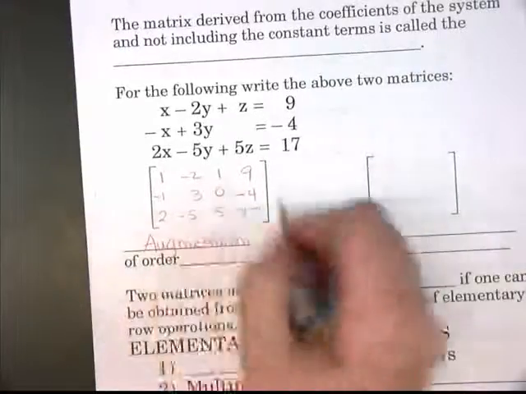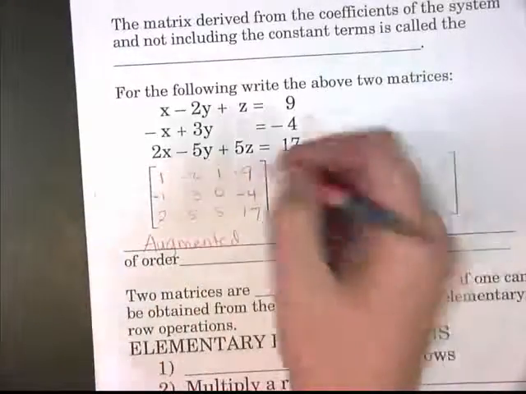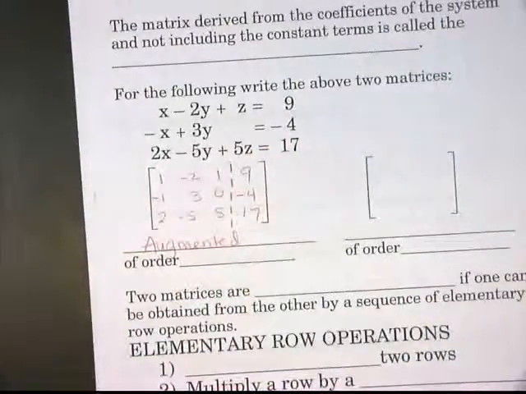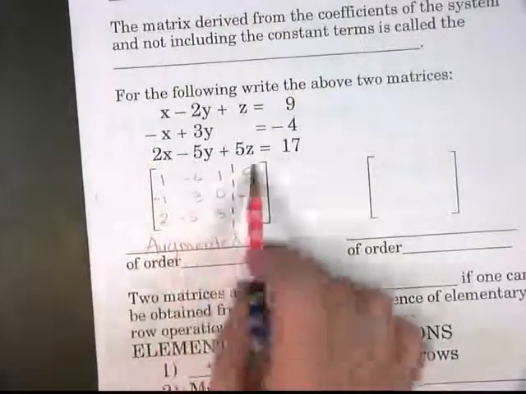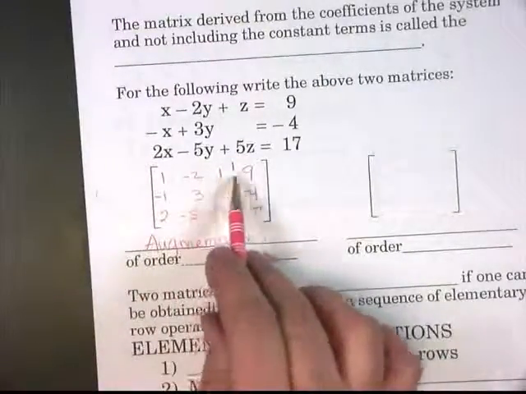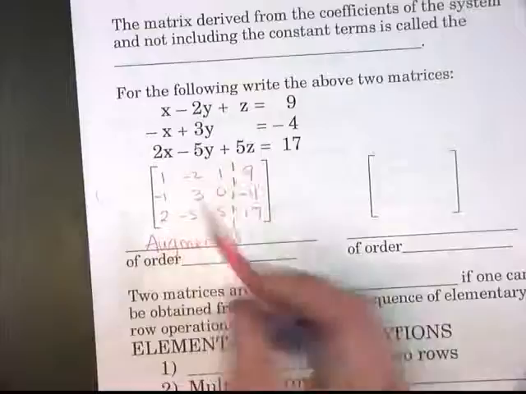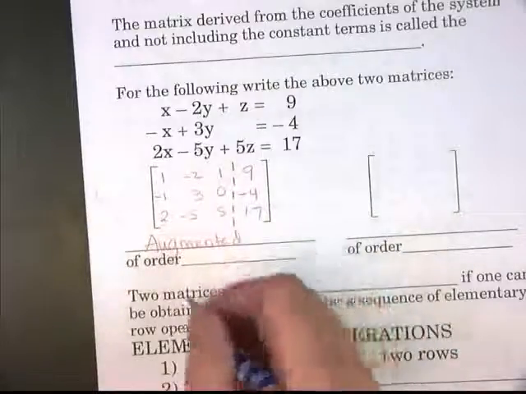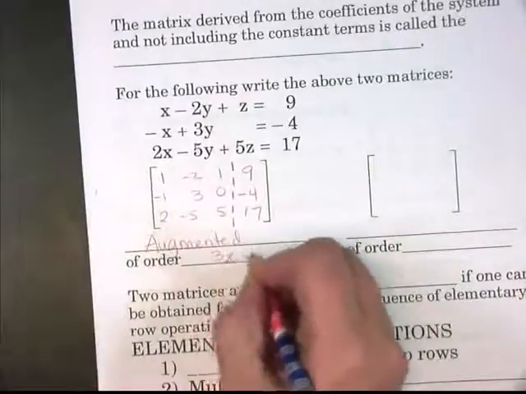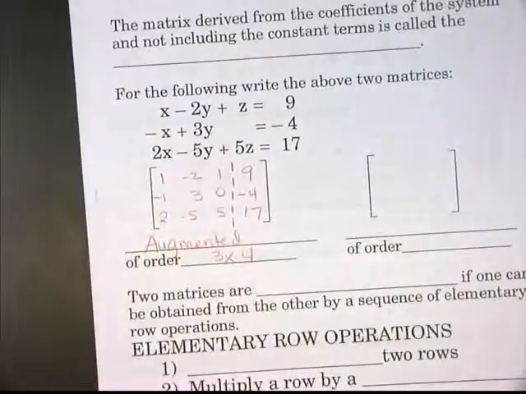Now, to show completely that it is augmented, I'm going to put this little dashed line in front of that last column, because that dashed line symbolizes that this is augmented. These are coefficients. This is a solution. There's an x, y, z variable, and then this is the answer to it. The order of this is its dimensions, so it's 3 rows by 4 columns.